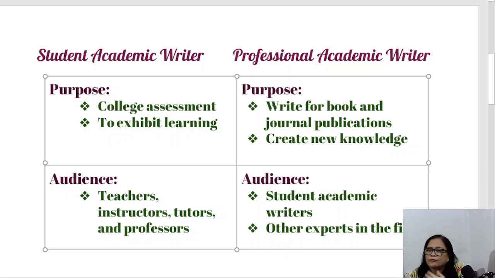With drivers. If a student driver and a professional driver, a student driver cannot drive on his own. When he's driving, he needs someone with a professional license sitting beside him. Meanwhile, the professional driver can do it on his own.